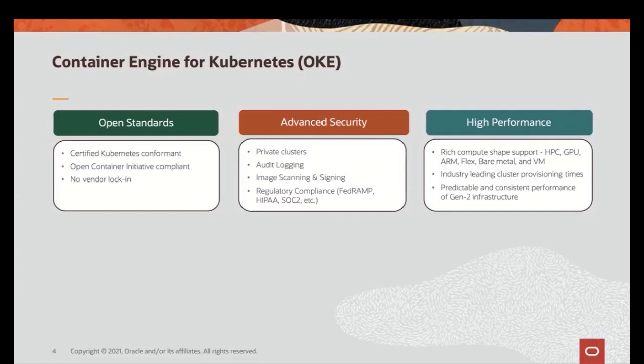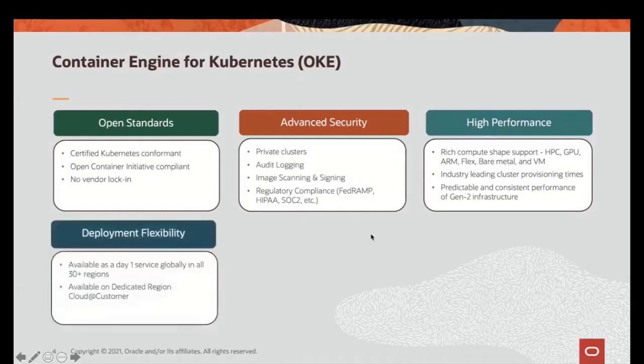And for all of this, you can choose between bare metal servers and virtual machines. OKE is available in all OCI regions in the world. And in addition, you can choose to sign for a dedicated region and have OKE in this dedicated region.